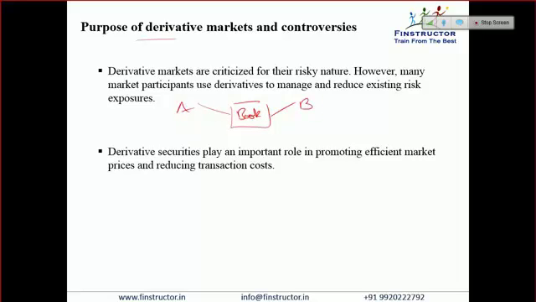Were they both managing their risk? Yes. A had the risk that the price of the book may go down. B had the risk that the price of the book may go up. So both counterparties wanted to manage and reduce their risk. A more practical example could be a corn farmer and a cereal company.